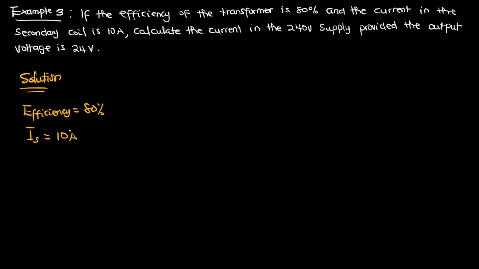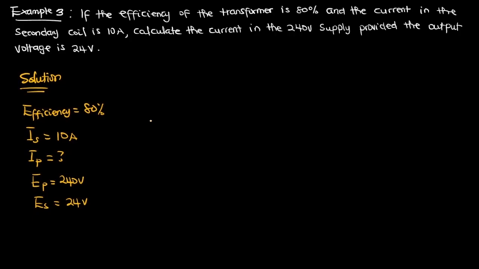We have to calculate the primary current, which we don't know, in the 240 volt supply. So supply means what? EP is 240 volts, if the output, which is ES, is what? 24 volts. Are we okay?